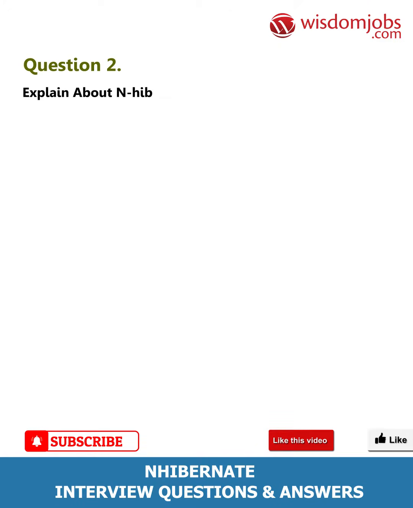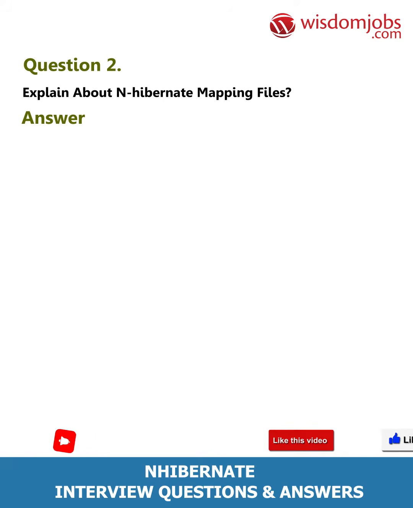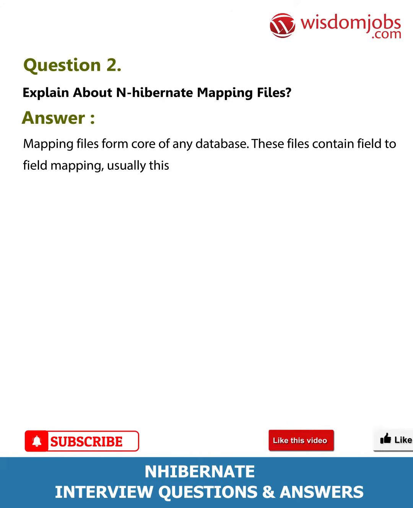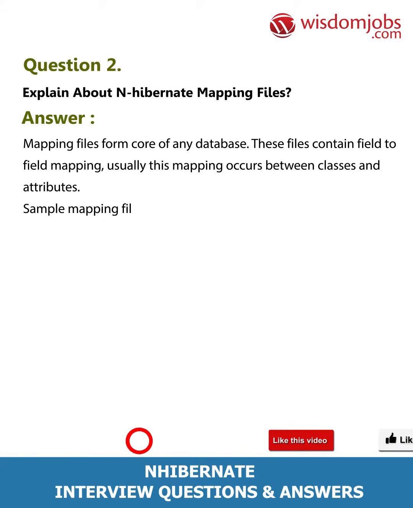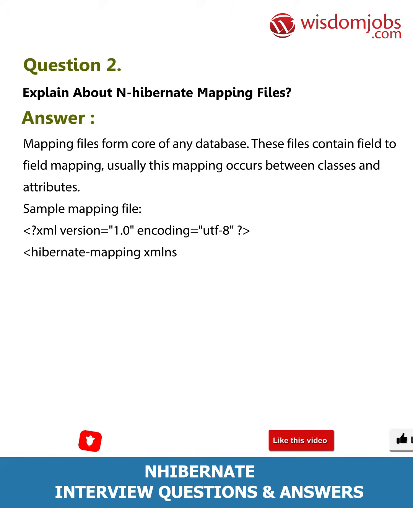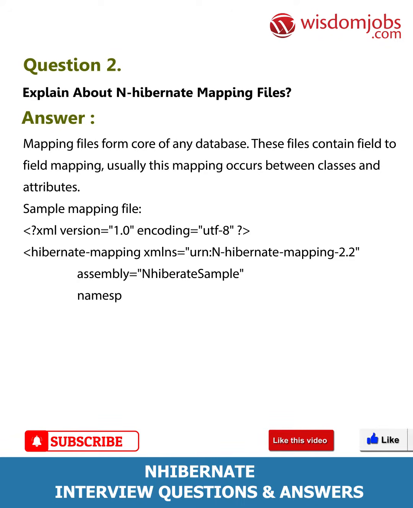Question 2. Explain about NHibernate mapping files. Answer. Mapping files form the core of any database. These files contain field-to-field mapping. Usually this mapping occurs between classes and attributes. Sample mapping file. XML version equals 1.0 encoding equals UTF-8. hibernate-mapping xmlns equals urn:nhibernate-mapping-2.2, assembly equals NHibernateSample, namespace equals NHibernateSample.Sample.